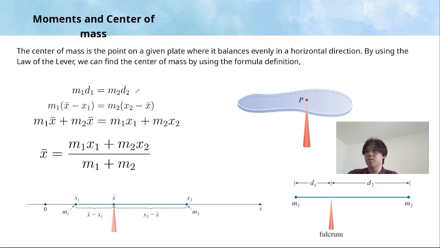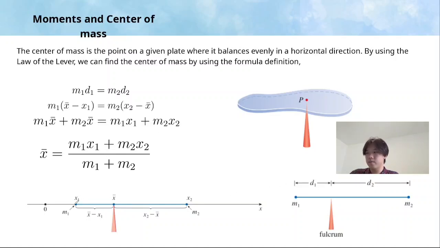Then center of mass. The center of mass is a point on a given plate where it balances evenly in the horizontal direction. By using the law of the lever, we can find the center of mass using the formal definition m1 d1 equals m2 d2, where d is the distance from the fulcrum to the first mass and to the second mass.